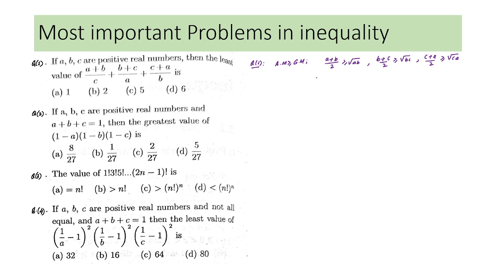So now, what is given here, the expression is (A plus B) by C plus (B plus C) by A plus (C plus A) by B. That part must be greater than or equal to: A plus B greater than or equal to 2 root AB, B plus C greater than or equal to 2 root BC, and C plus A greater than or equal to 2 root CA.